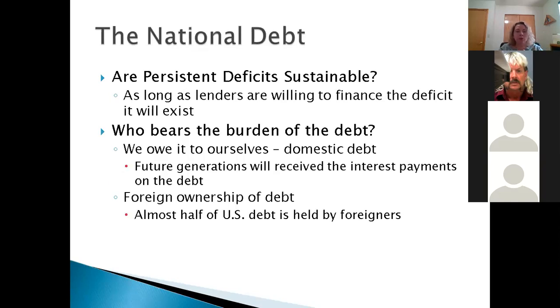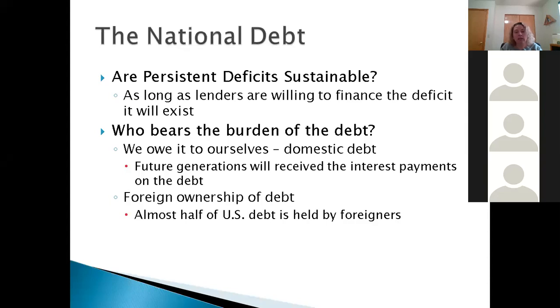So a lot of people ask me, how long can these trillions of dollars of national debt and these yearly annual deficits actually go on?